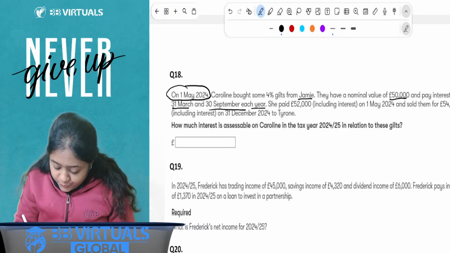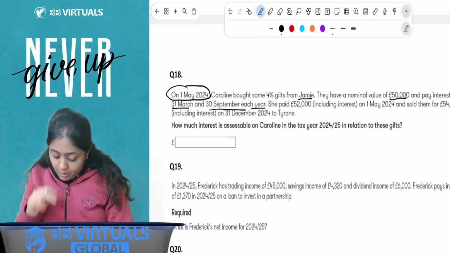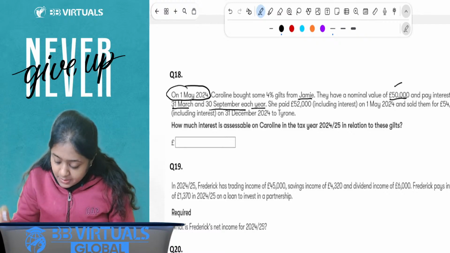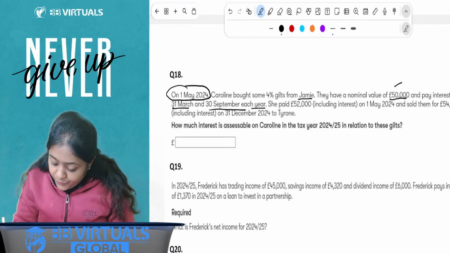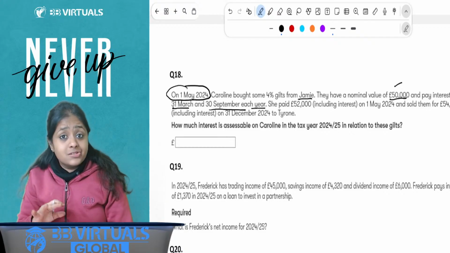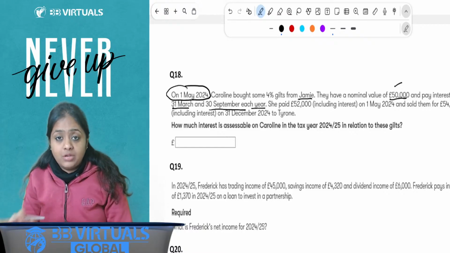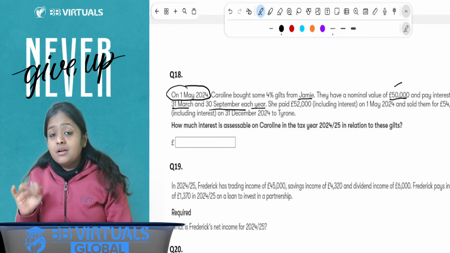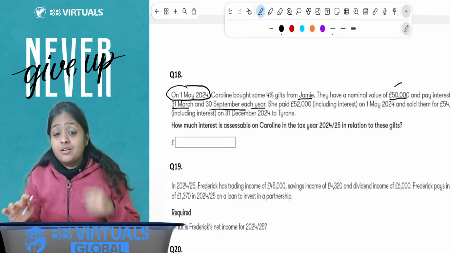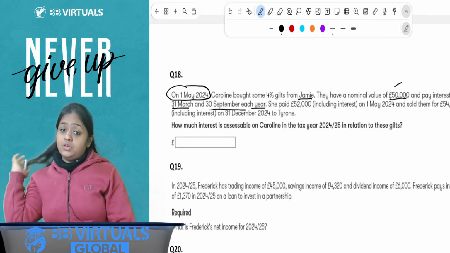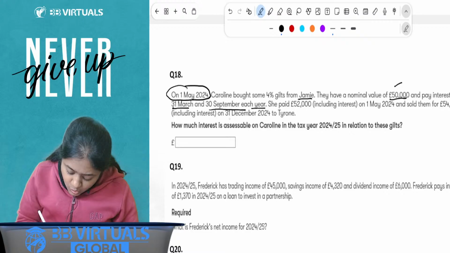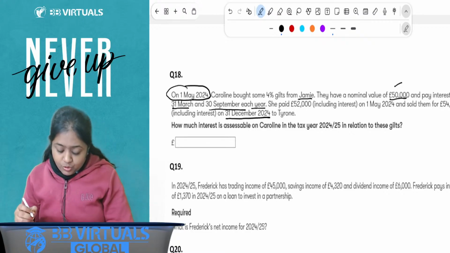She paid 52,000 including interest on 1st May. Doesn't matter. Nominal value is 50,000. That is important. Sold them for 54,500. Again, it is not important because on sale, whatever gain you earn is subject to CGT, and here we are just taking care of interest income. So I don't need the value at which it is sold. And it is sold on 31st December 24 to Tyrone.